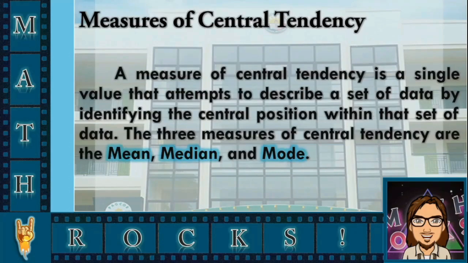The purpose of the measures of central tendency is to provide a single value that attempts to describe a set of data by identifying a central position within that set of data. These are the three known measures of central tendency: the mean, median, and mode.